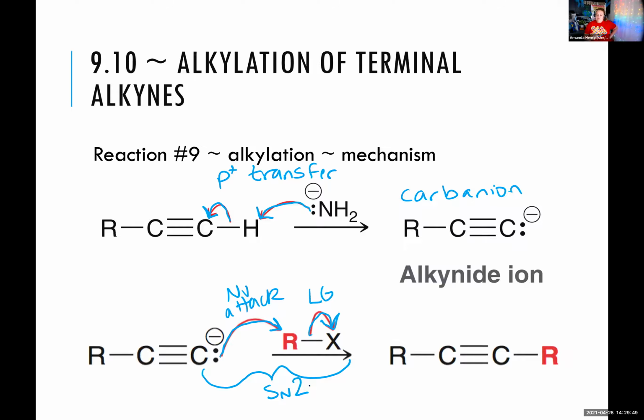Normally, when we talked about SN2 reactions, we focused more on the substrate, on that R group. But this time we're focusing more on the nucleophile because that's the part that we care about. That's our alkyne. It's the same thing though. And this is what happens in organic chemistry a lot. We talked about 4 mechanism patterns. There's a couple outside of that, and we'll look at a couple of those. But for the most part, we only see those 4.